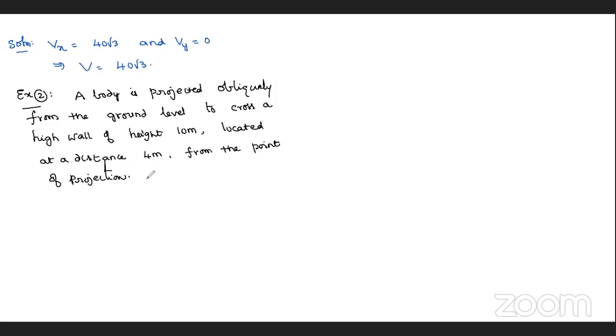If the body just crosses, I already told to cross that. Find the initial velocity and the angle of projection. That's it, these are the 2 questions.